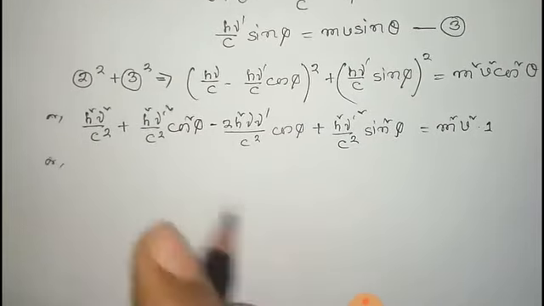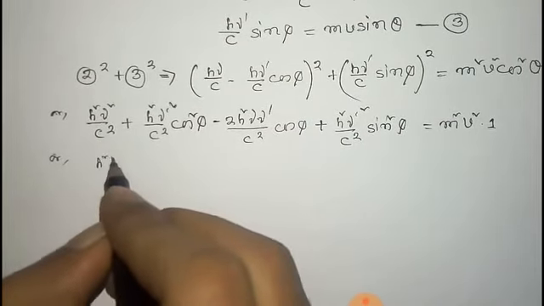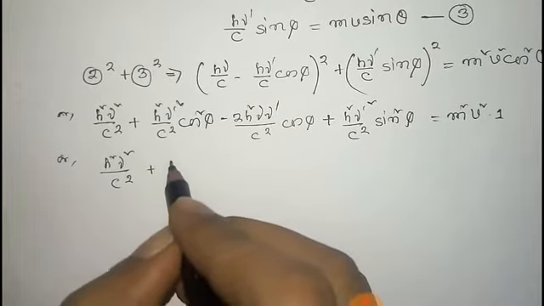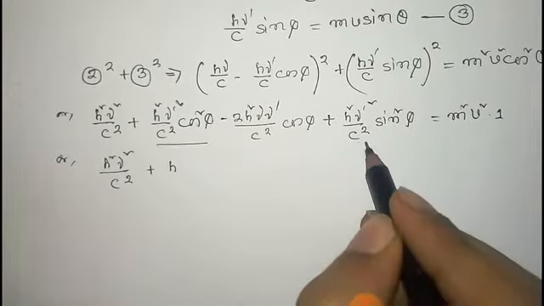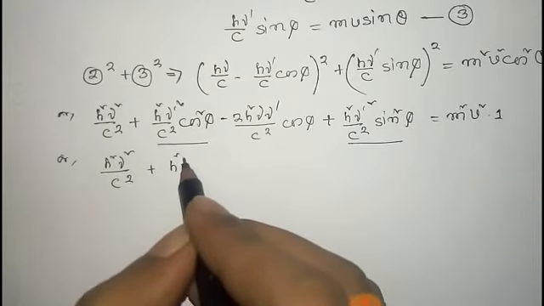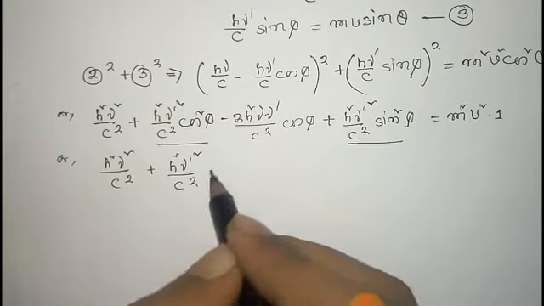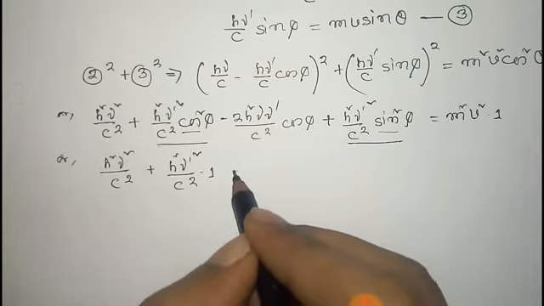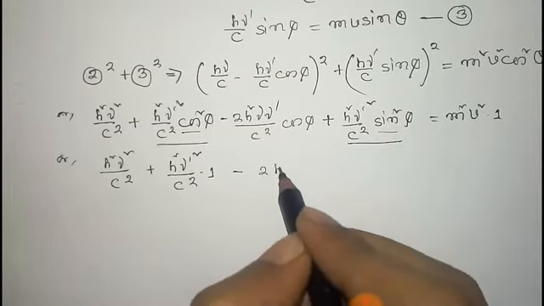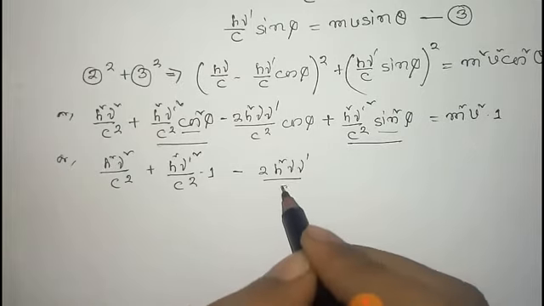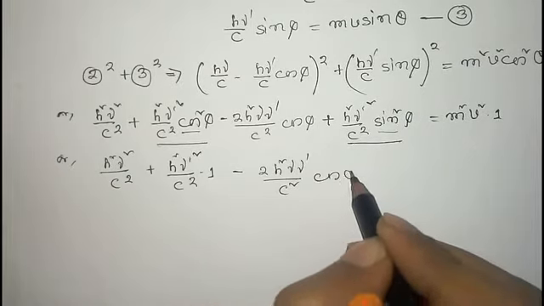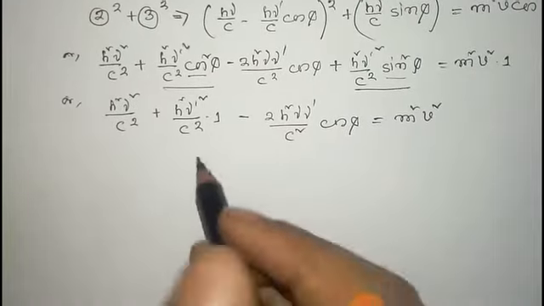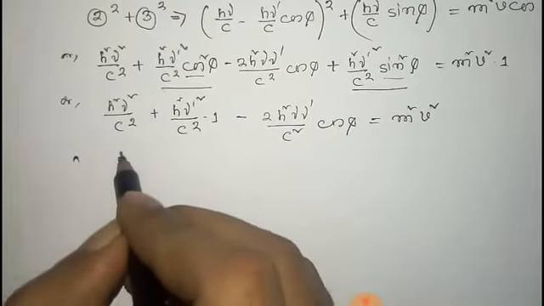Now from this we get h square nu square by c square plus, from this and this we take common h square nu prime square by c square, so it will be cos square phi plus sin square phi, and the value is 1, minus this term, 2 h square nu nu prime by c square cos phi, that is equal to m square v square.